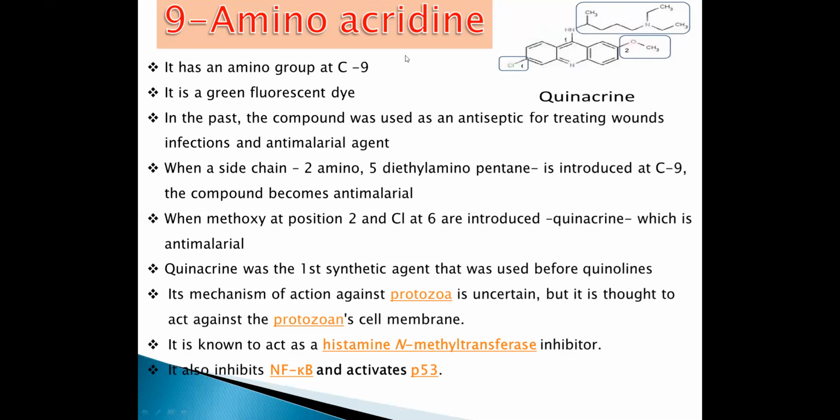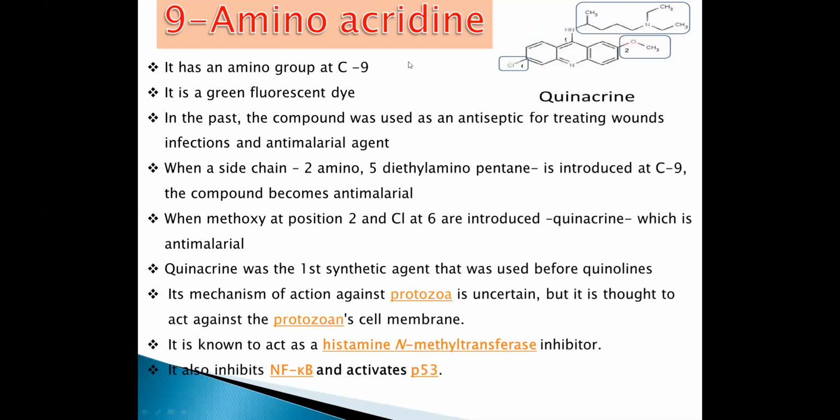At the 9th position it contains an amino group, that is 9-aminoacridine. These are the derivatives of acridine. In the case of quinacrine, it contains a methoxy at the second position and a chloro at the 6th position.